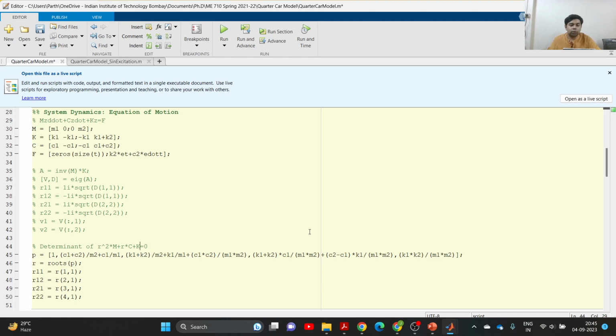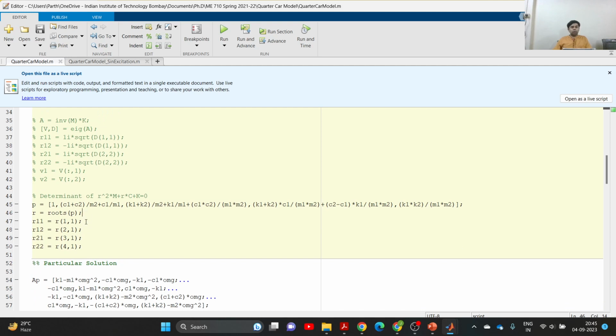We can construct it and represent it as a polynomial, and these are the coefficients. Now to find the roots of this equation, we use the function roots, and as we know, we will have four roots. These will be the four roots of the characteristic equation.